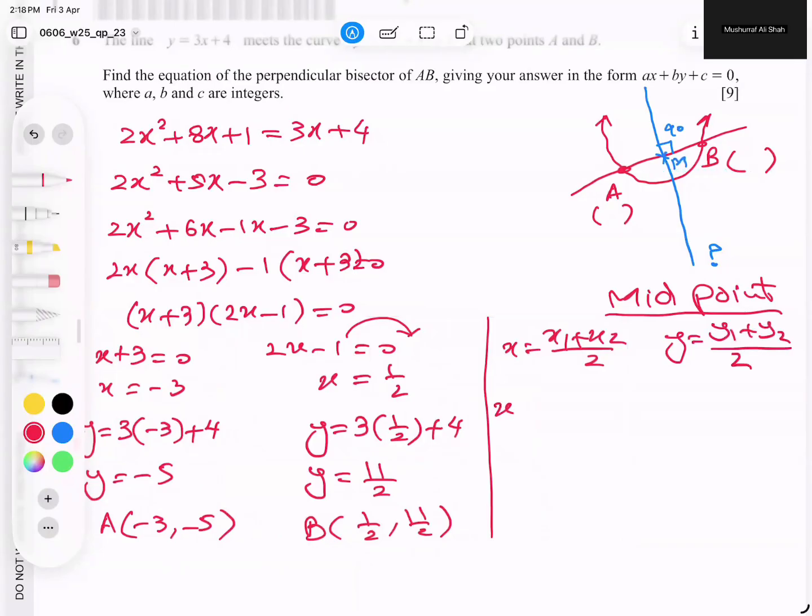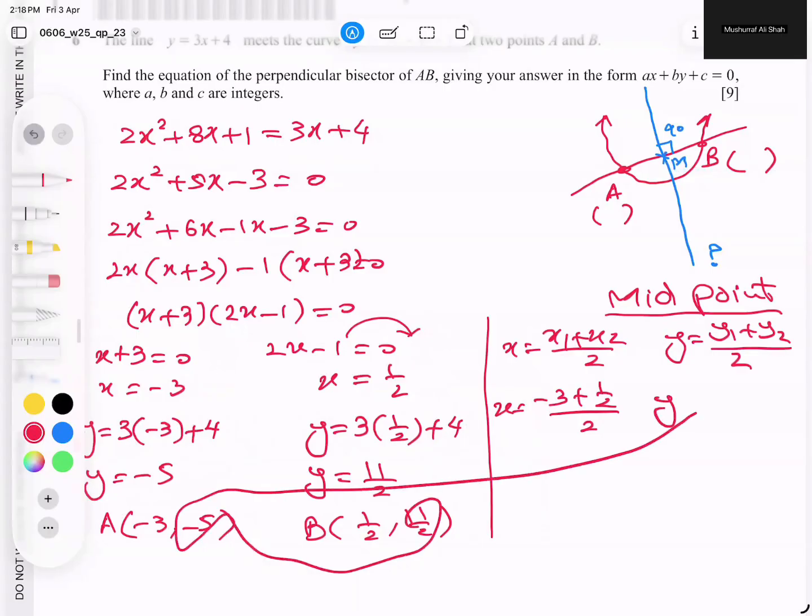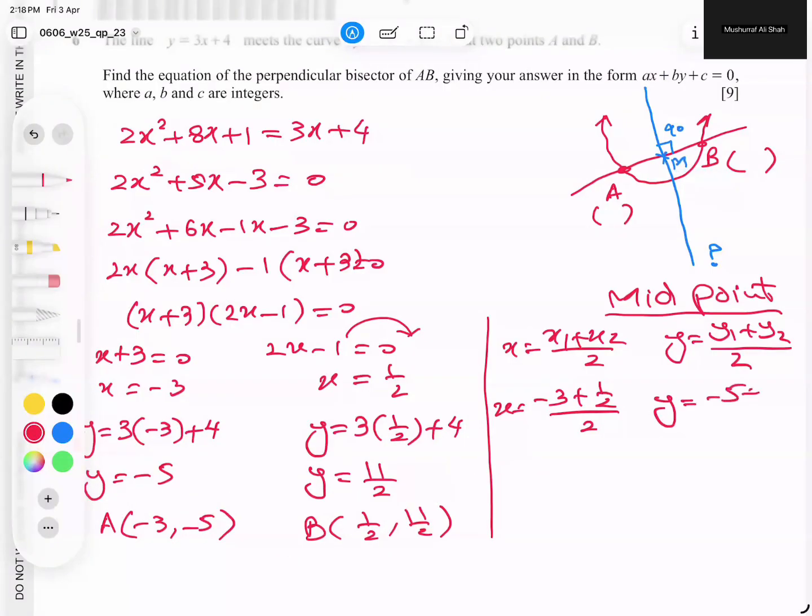What are x1 and y1? x1 is minus 3 and x2 is a half, so minus 3 plus a half, divided by 2. Similarly negative 5 plus 11 over 2, divided by 2. So I'm getting negative 5 over 2 for x, and for the other, 5 twos are 10, 1 over 2.